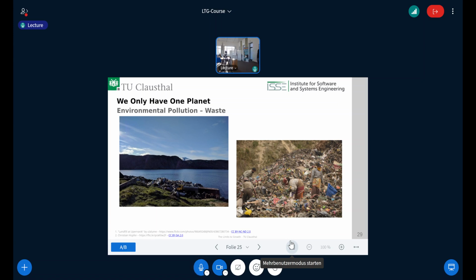We have a tendency to not just use stuff and then rather quickly throw it away, but also a tendency as a rich country to export our waste problem, sending it to Africa or Southeast Asia, where we make our waste other people's problem, where people in extreme poverty then scavenge through our trash just to make a living by picking some valuable resources out of that trash and leaving the really unusable trash behind.